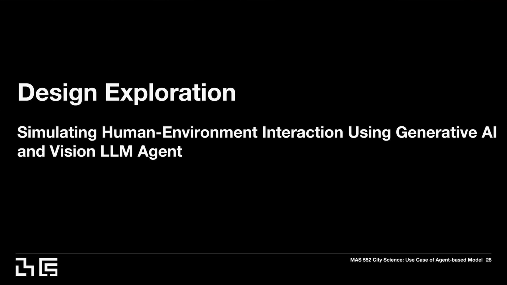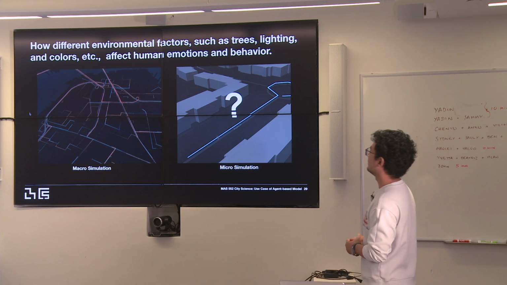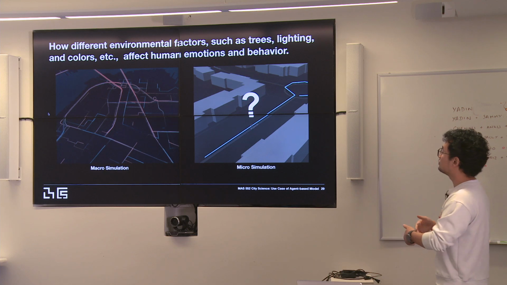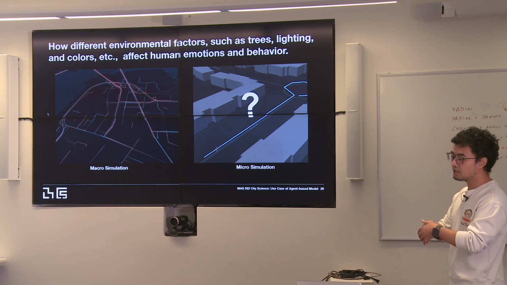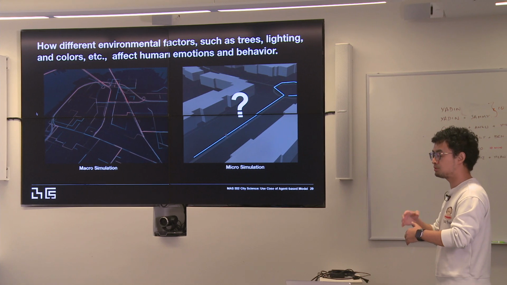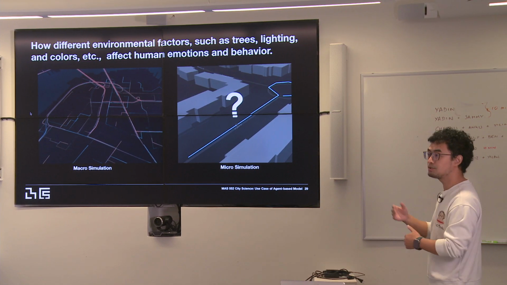And the third use case is design exploration. We want to simulate human-environment interaction using generative AI and a vision large model agent. Again, like in a micro simulation, like what Alan did, we are trying to simplify the behavior of people as a direction line moving from one point to another.